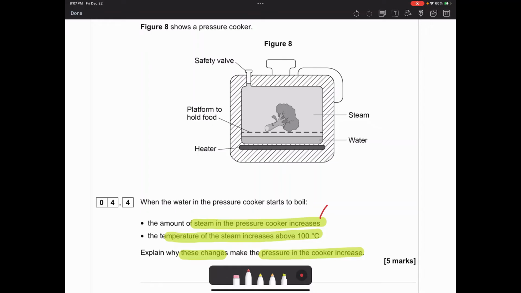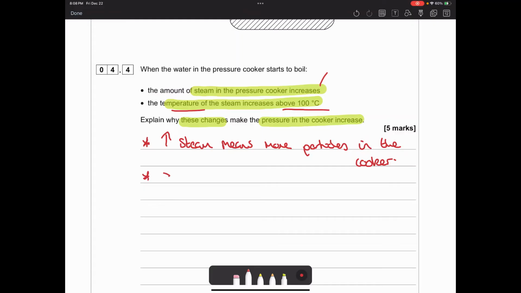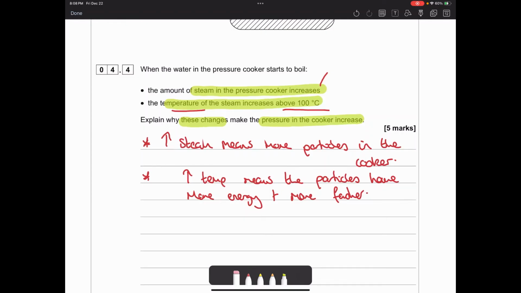So what I would first say is more steam means more particles in the cooker. And then I would say increasing the temperature means the particles have more energy and move faster. So as I'm heating it up, my particles have more energy and are moving faster.